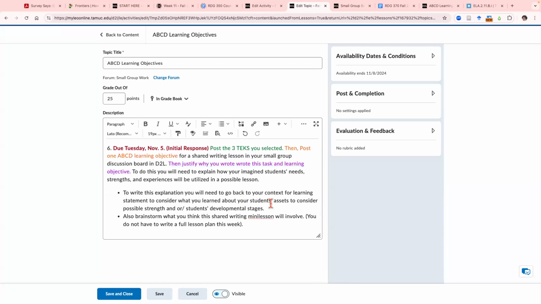In order to justify why you chose the things that you did, because teaching is about decision making, you need to explain how you imagine that fictitious audience that you picked, how you imagine the context for learning. You learned about your students living in various communities. That wasn't a futile exercise, but it's for you to get your head wrapped around the kinds of kids you would be teaching in a given community as you picked it.